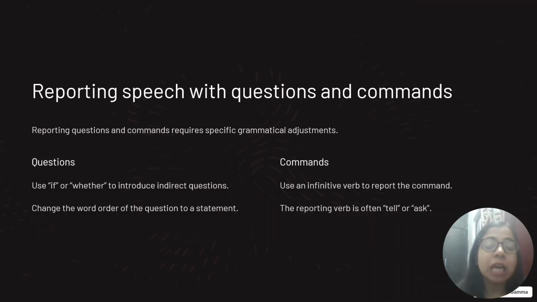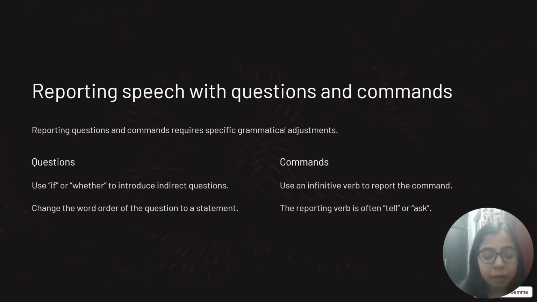Now let's discuss reporting speech with questions and commands. First let's talk about questions. Use if or whether to introduce indirect questions. Whenever we are introducing indirect questions, we will use if or whether. Then next point is change the word order of the question to a statement.